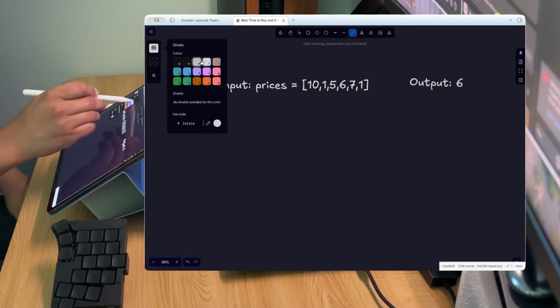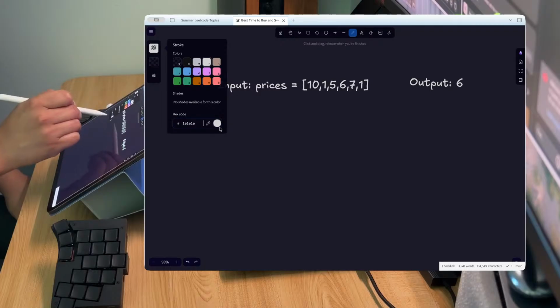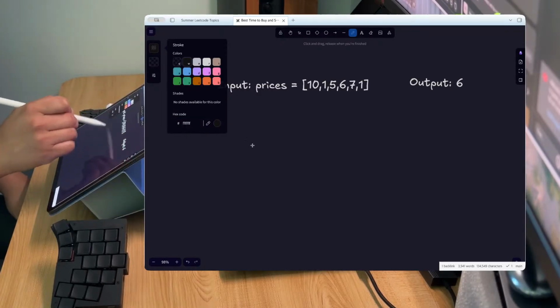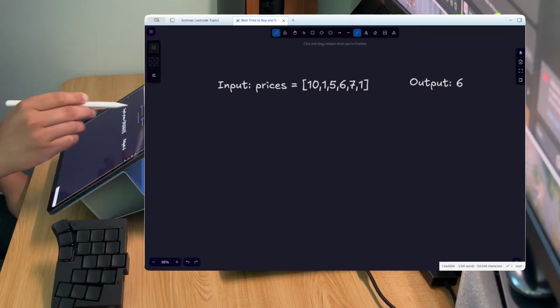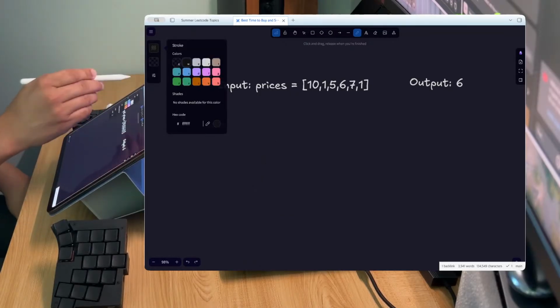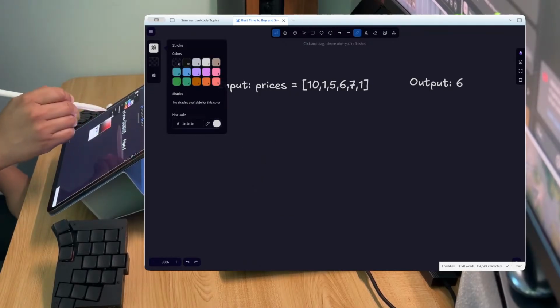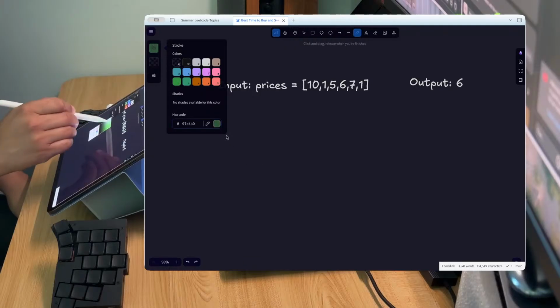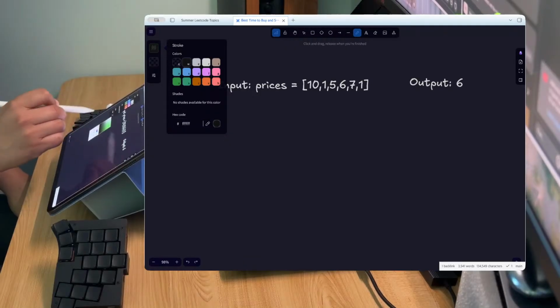Can I pick my color? I do want a white. Why can't I do white? Here it is.